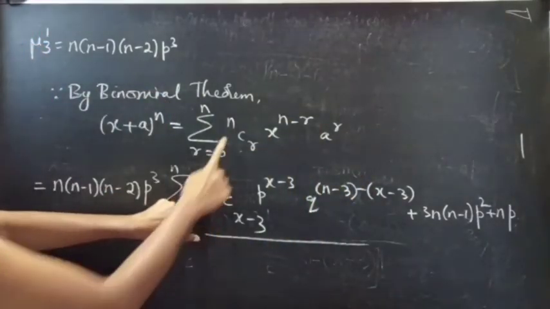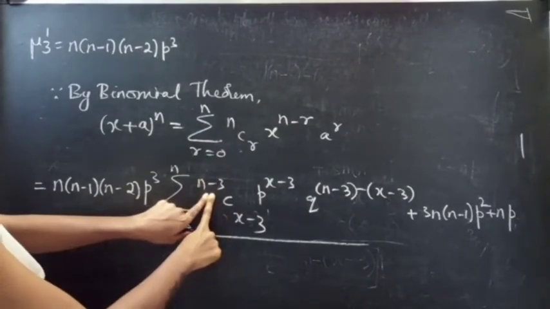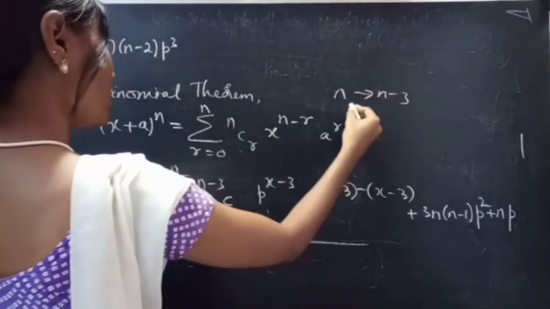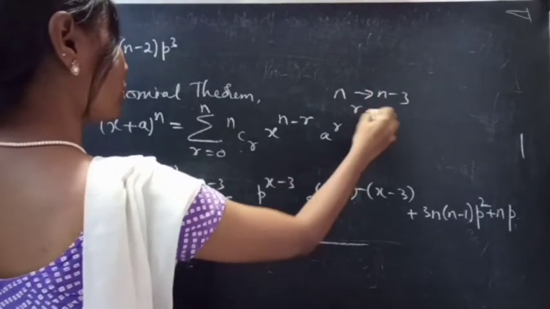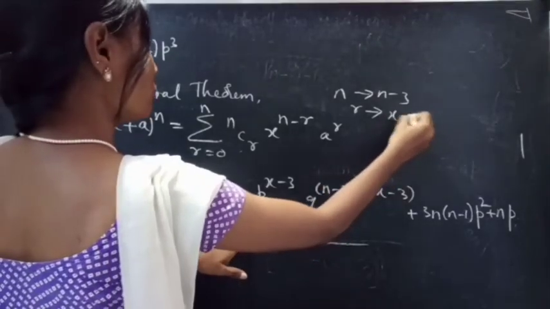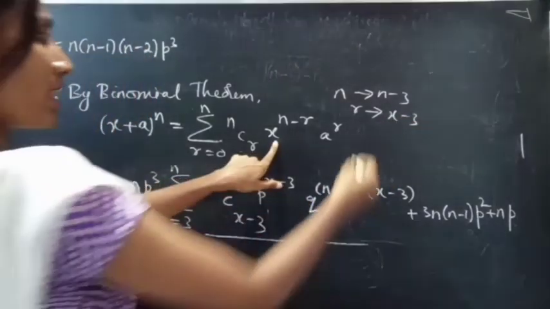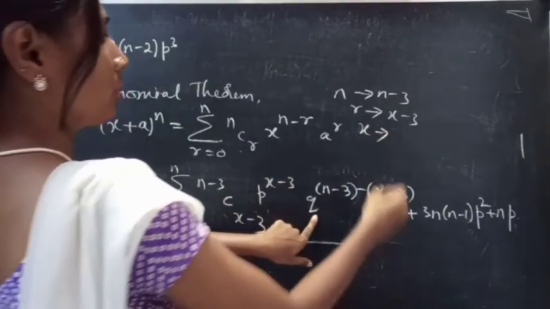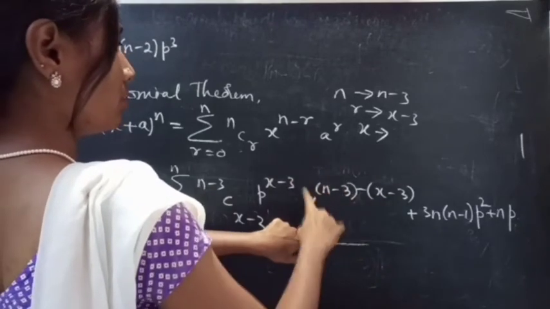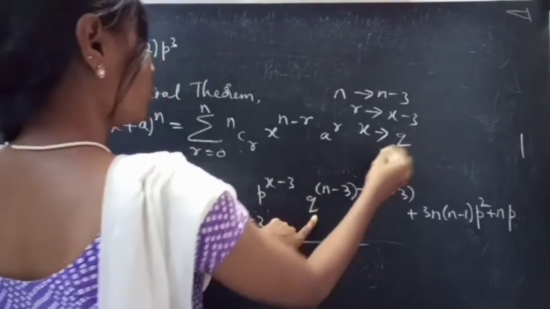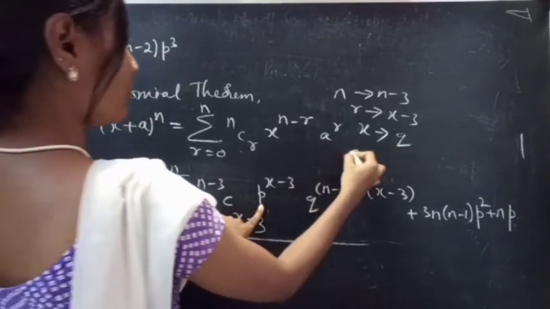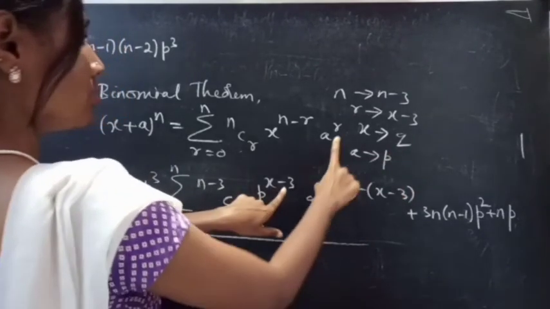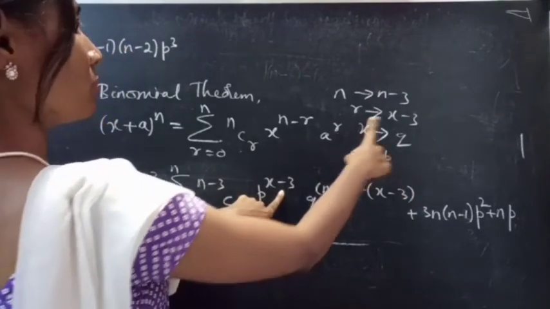Okay, in the place of n you have n minus 3. In the place of r you have x minus 3, and in the place of x you have, okay, this one, n minus r, right? In the place of x you have q, and in the place of a you have p. Okay, see, r equals to x minus 3, right?